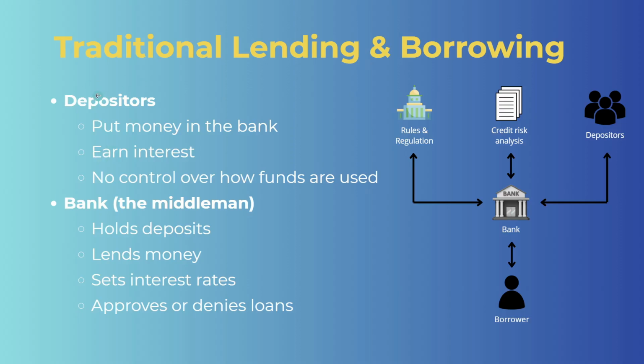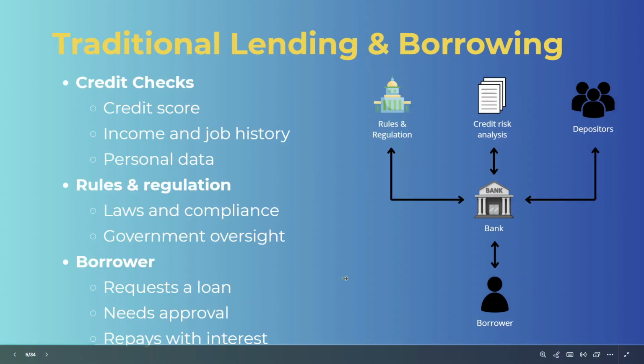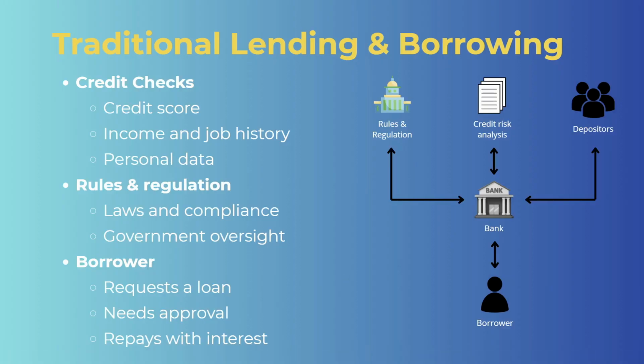So we have the depositors in the case of traditional lending that put money in the bank and earn interest, but they have no control over how funds are used. They don't know what the bank is doing with their money. Then we have the bank, which is the middleman that holds deposits, lends money, sets the interest rates, and approves or denies loans. How are these loans approved or denied?